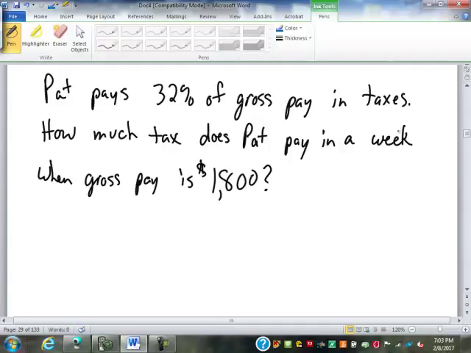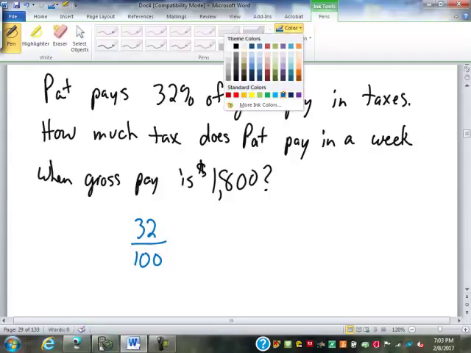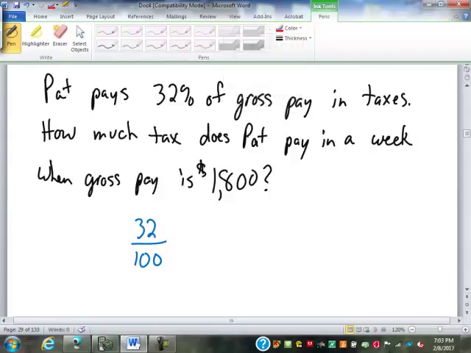Well, we have a percent here. It is 32%. So it's 32 out of 100. What does the 32 represent? A percentage of the gross. Okay. 32% of the gross pay implies that 32 is being calculated out of the gross pay.